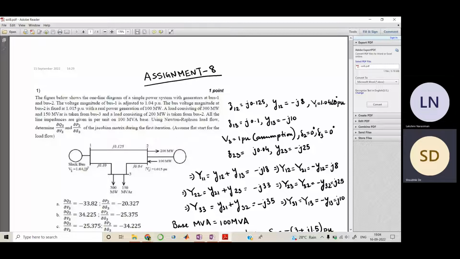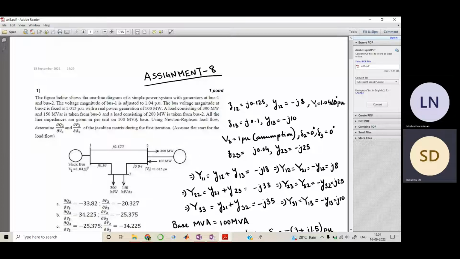The bus voltage magnitude at bus 2 is fixed at 1.05 per unit with a real power generation of 100 megawatt. A load consisting of 300 megawatt and 150 megavar is taken from bus 3, and a load of 200 megawatt is taken from bus 2.